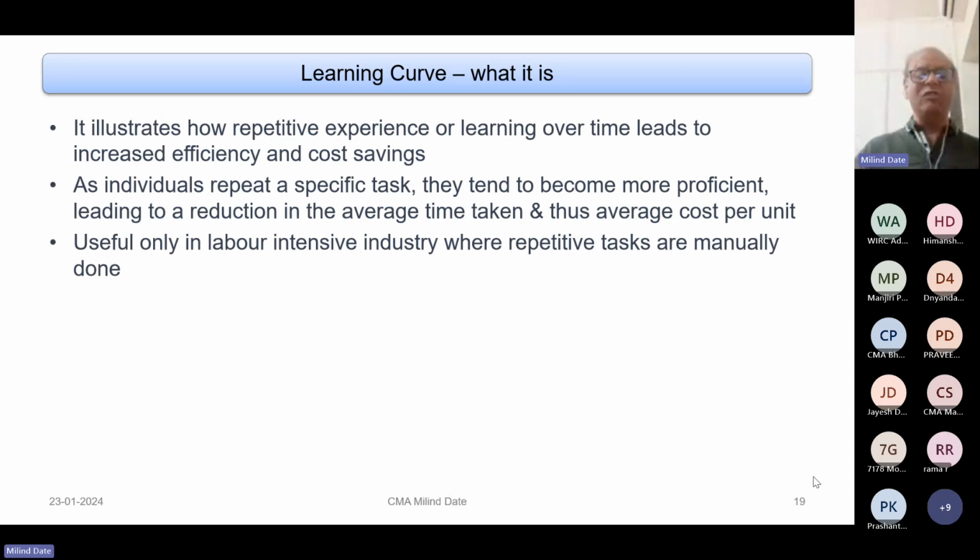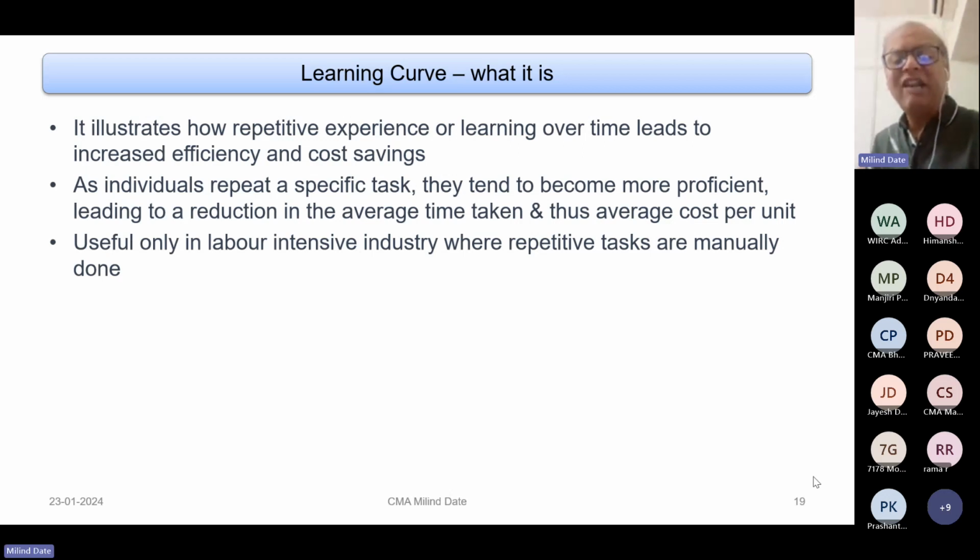If it is carried out by machines, there is no question of a learning curve. Although we are talking about machine learning today, it doesn't happen that with increased experience, the machine starts doing the work faster. No, it doesn't happen.